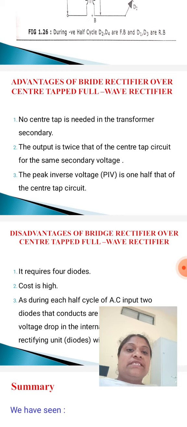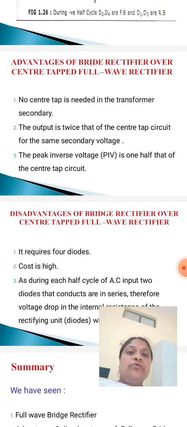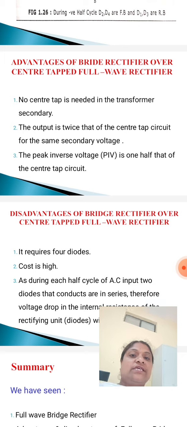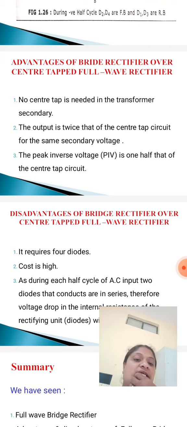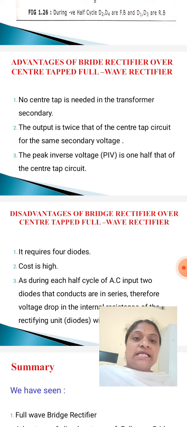The second advantage of bridge rectifier is the output is twice that of the center tap circuit for the same secondary voltage.